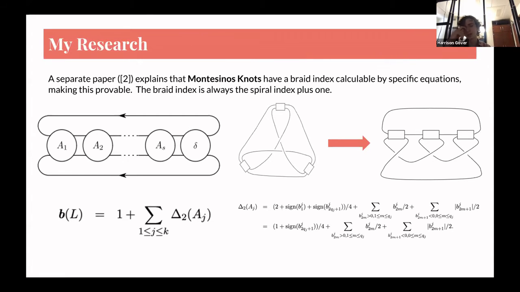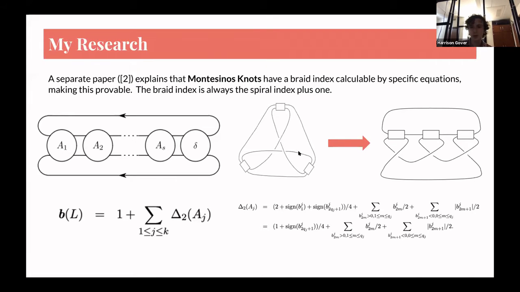Montesinos knots are another type of knot diagram. It has a top loop and a bottom loop, and then in the middle, it has a series of rational tangles. Rational tangles are essentially a form of tangle that takes 2 strings and tangles them up using a specific method. And using that, we can find the braid index.